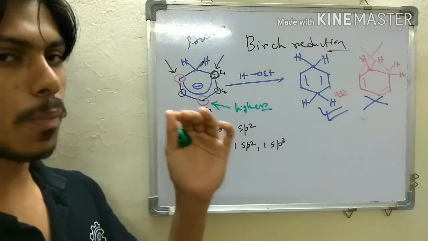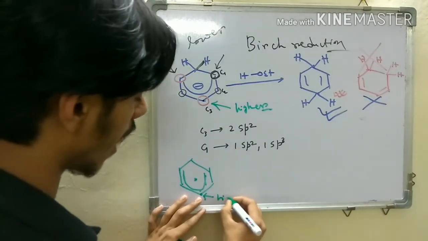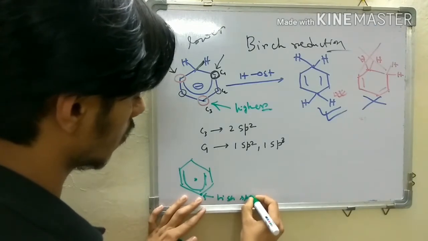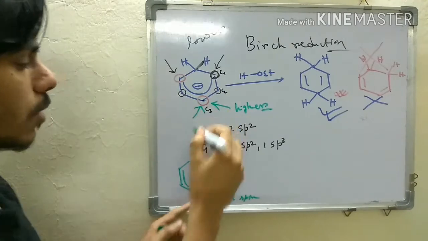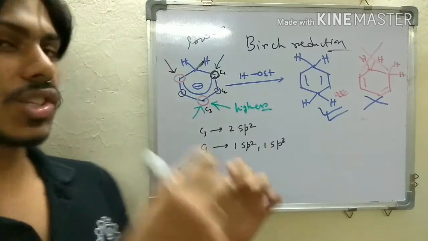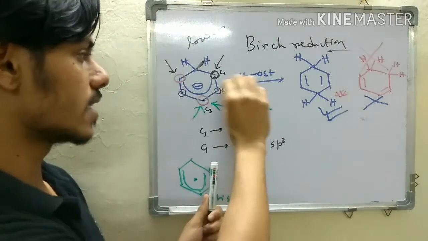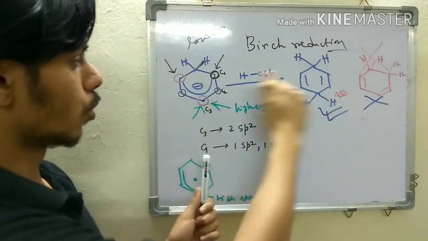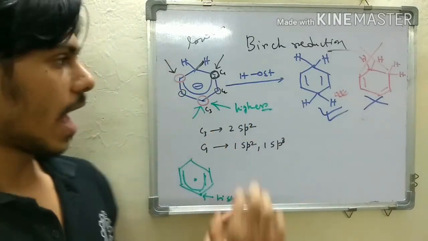In computational terms they call it spin density, so it has high spin density. That implies that at this C3 position both the HOMO coefficient and the charge density are higher.